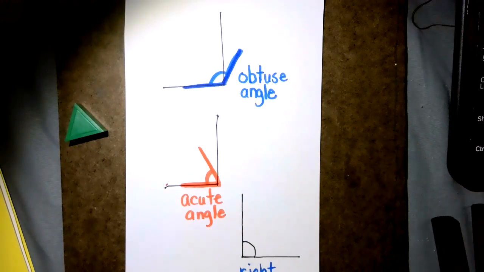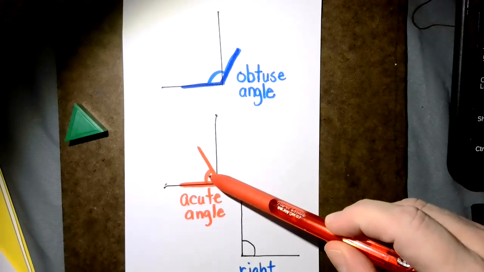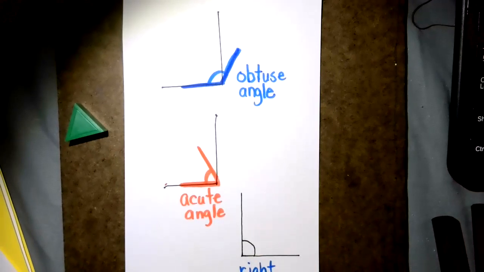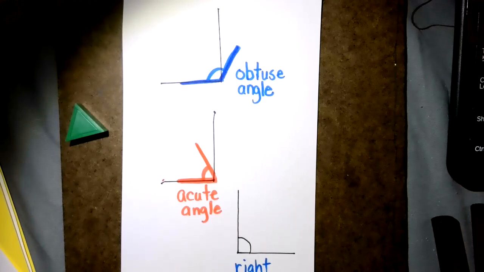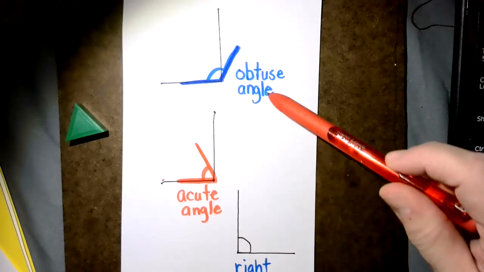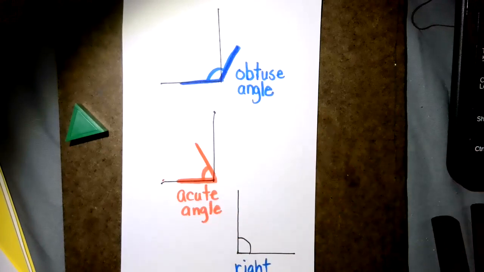Okay, we're going to be doing a lot of practice with this, but you'll need to know this because guess what? When you get to upper grades, you're going to learn how to tell how many degrees each one of them is and use a thing called a protractor. So you need to know the names of acute, obtuse, and right angle for later on. So that's why we're looking at that.